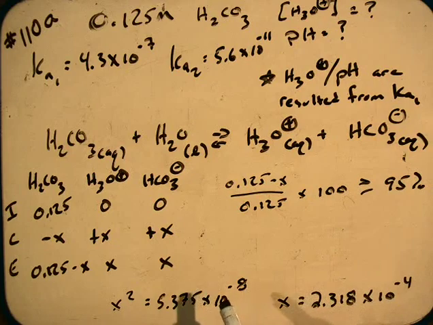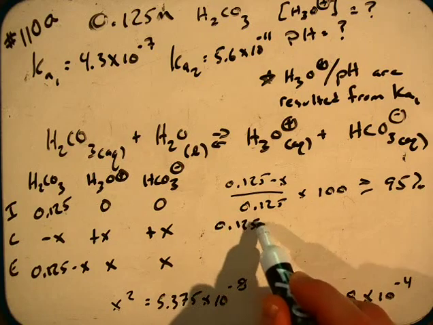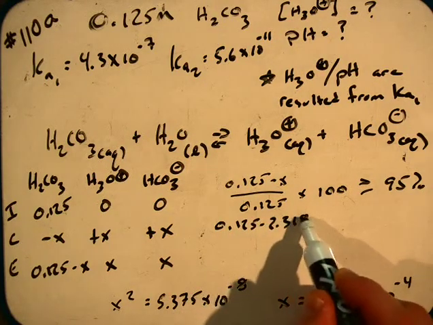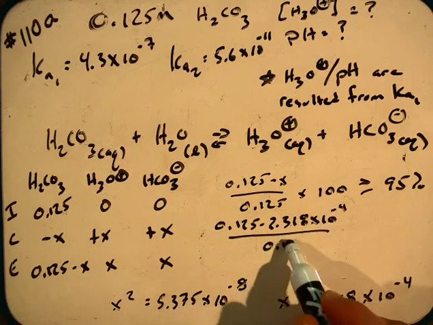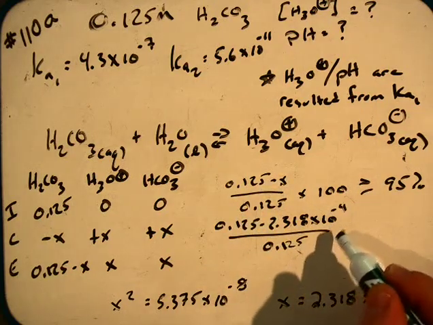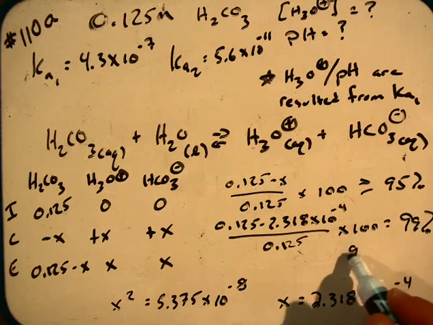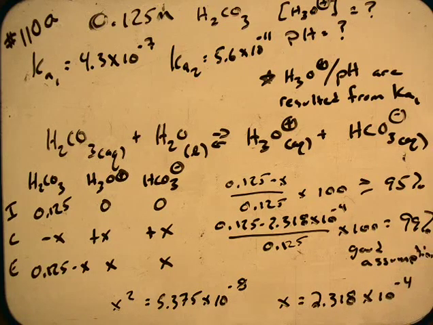And so if we now substitute in minus that change of 2.318 times 10 to the negative fourth over 0.125 times 100, you get 99%. So this is a good assumption. So this x is a good value for us.